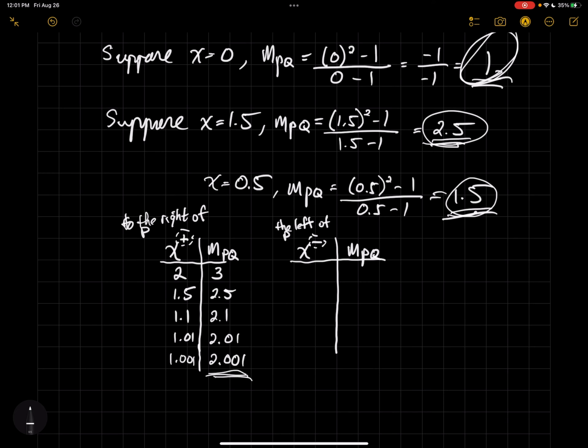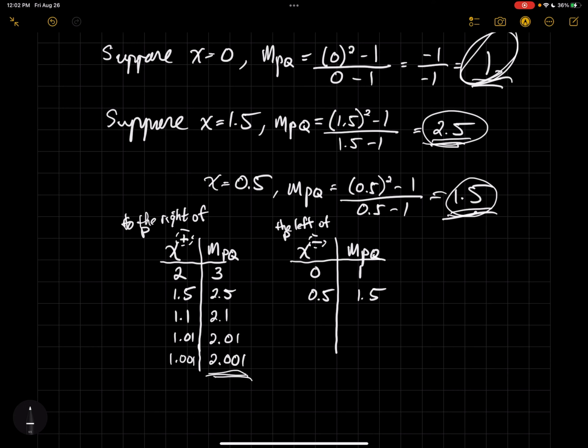And so we have to look at how things change as we approach point P from the left side of P. And so, we've already done two of these. We looked at when Q is at x equals 0, and when Q is at x equals 0.5. And so the slope of the secant between Q and P when Q is at x equals 0 is 1. And the slope of the secant between P and Q when Q is at x equals 0.5 is 1.5, right? That's what we calculated above.